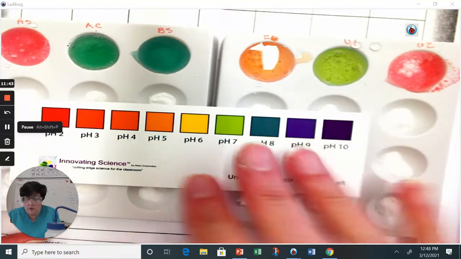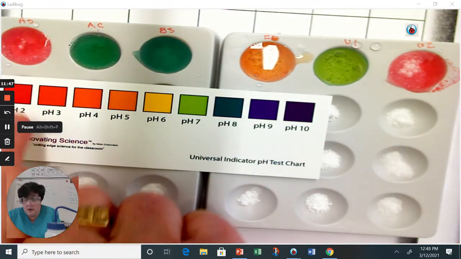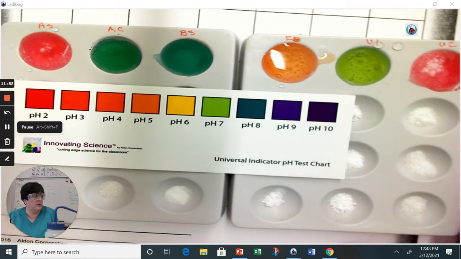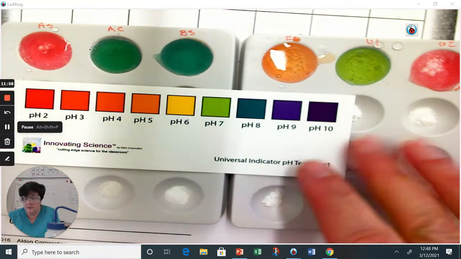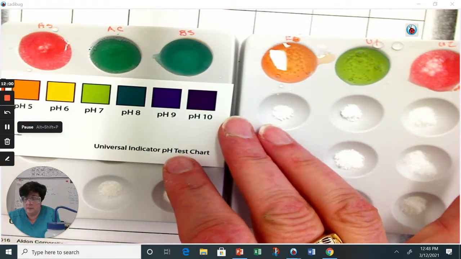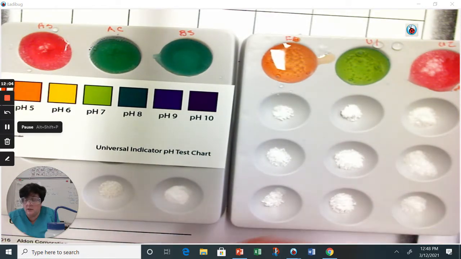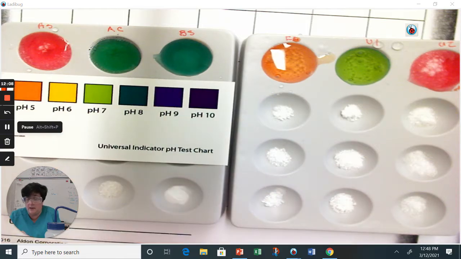So record the color of the indicator and then also the pH as we match that up. I'm going to move this over because you may not be on the screen. Right, so that's looking in this area. You could go in between and say it's 7.5 or 8 or 8.5 if you think the colors in between these two or in between that.